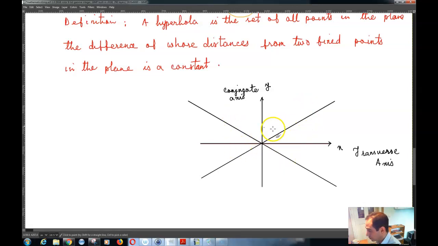And it's actually interesting that you can think of a hyperbola as some sort of, in other functions, for example, there are some functions.